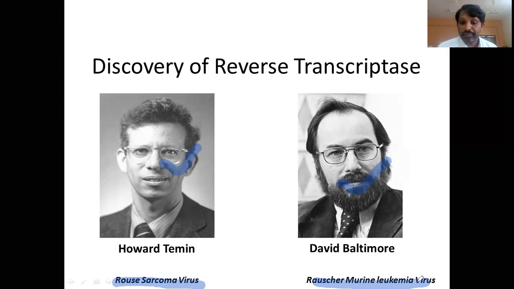You can see these people's contribution even now. The discovery of any gene and its conversion into the coding one, that is cDNA, is all because of the reverse transcriptase.